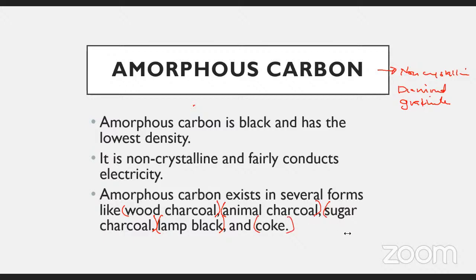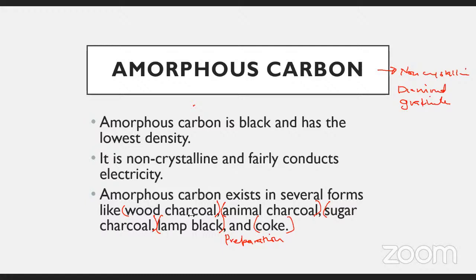So here, what I will request is that you go and make some research about this, especially the preparations. Because of time, we might not go through all these, but after this lesson, you can go and check how we prepare or form wood charcoal, animal charcoal, sugar charcoal, lamp black, and coke.